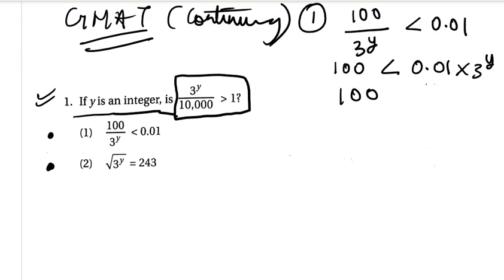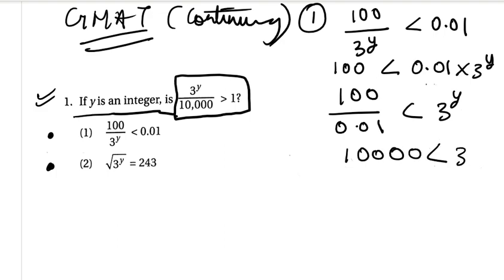So that will be 100 divided by 0.01 is less than 3 to the power y. So this becomes 10,000 less than 3 to the power y. That means 1 divided by 3 to the power y is less than 1 divided by 10,000.